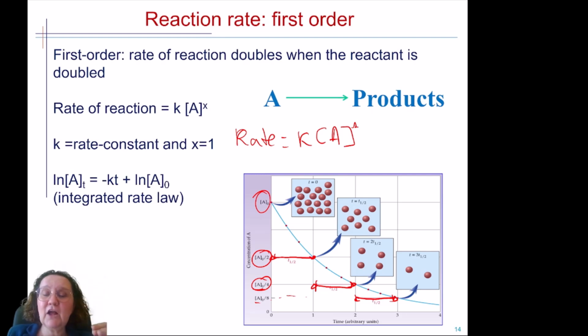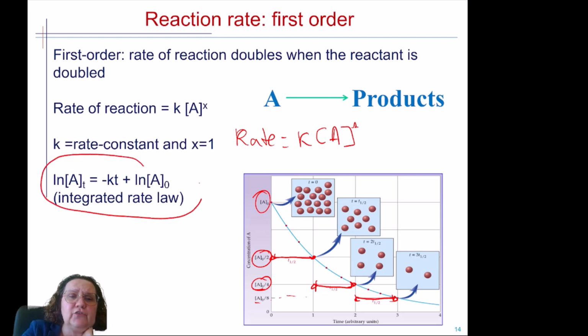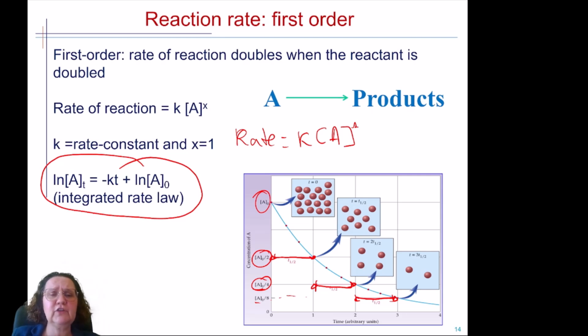It doesn't matter how much reagent you've got, a lot or, towards the end, very little. The amount of time it takes to halve that quantity is the same, independently of the concentration of the reagent. I'm going to highlight this, and I'll show you why in the next slide: what we call the integrated rate law, and why we need to use it.